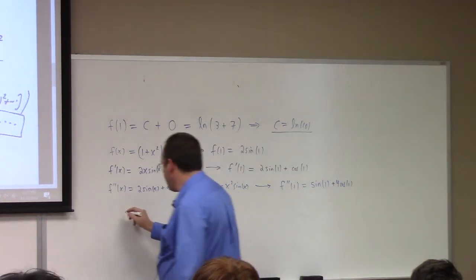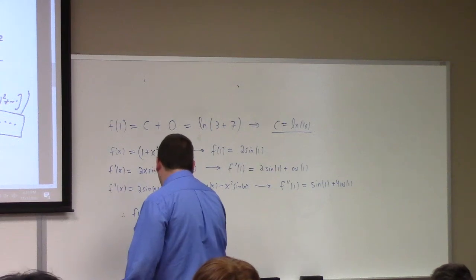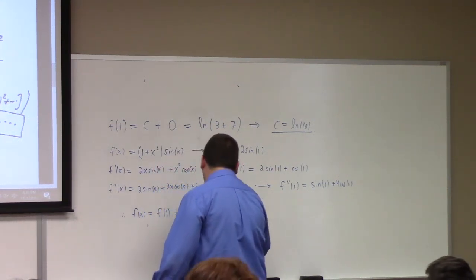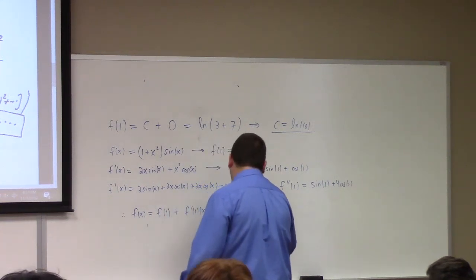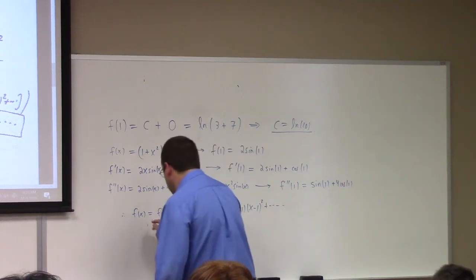So therefore, f of x is equal to, of course, f of 1 plus f prime of 1 times x minus 1 plus 1/2 f double prime of 1 times x minus 1 squared plus and so on, right?